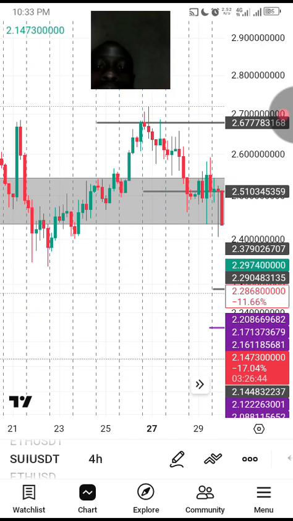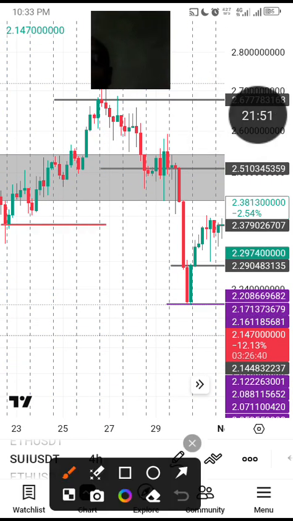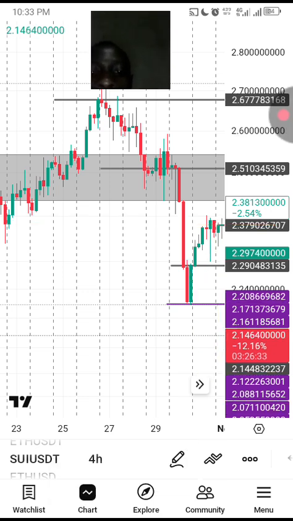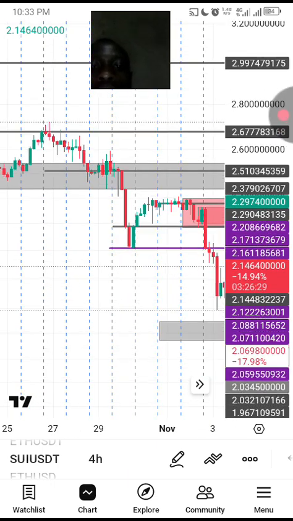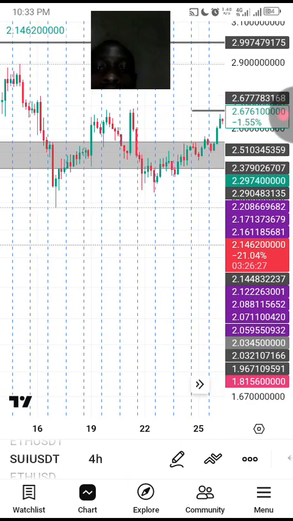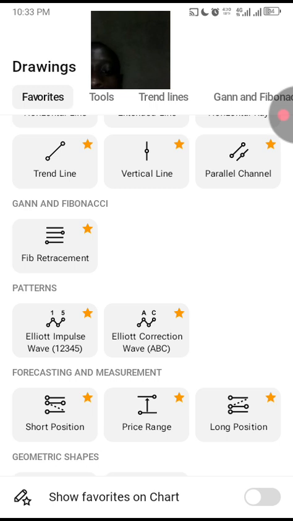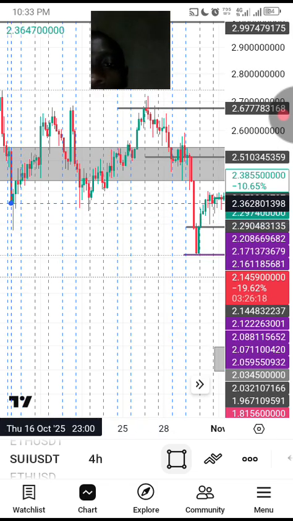For here, we got the break. We broke this structure at this level, and we came to retest this zone before going down. Yes, have you seen? We came to retest. That's where you would enter. Let me show you. It was like this.